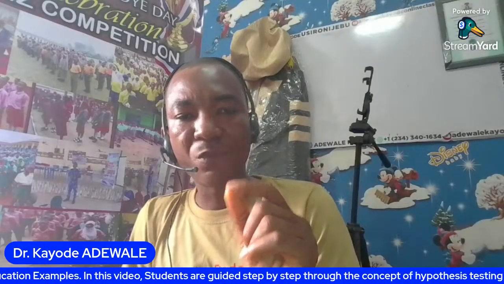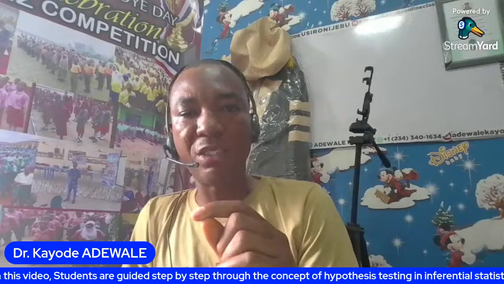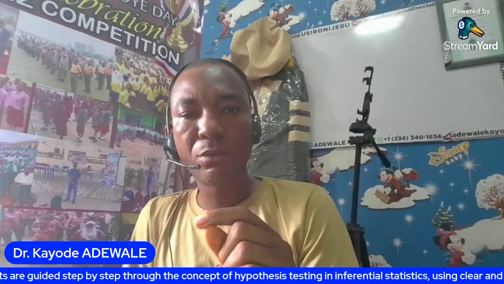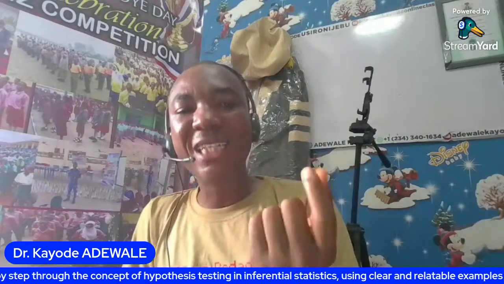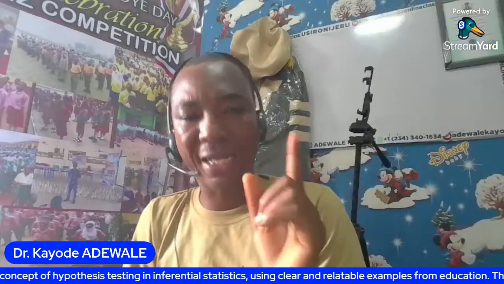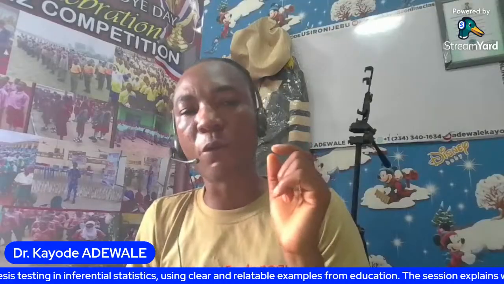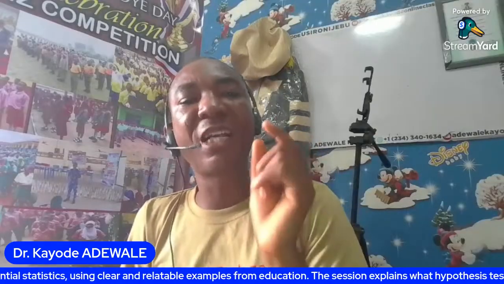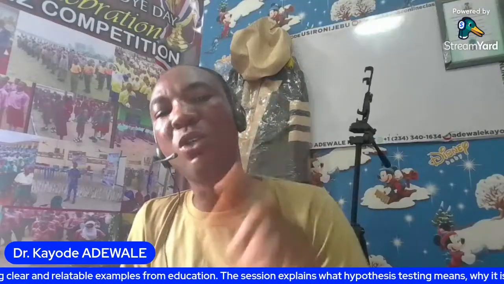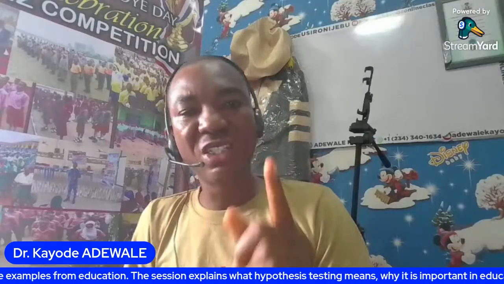Do you get that now? That is when the independent variable has two categories, and that is when you can make use of a t-test. Once the independent variable has more than two categories, you cannot use t-test again.